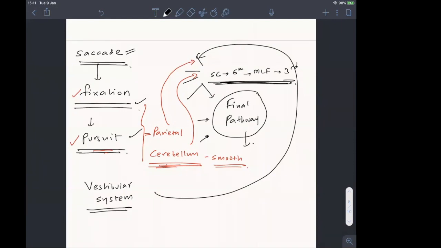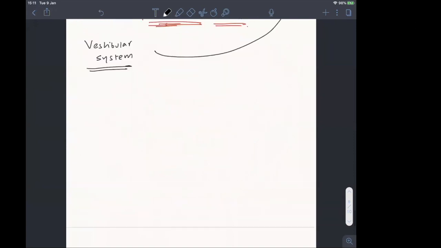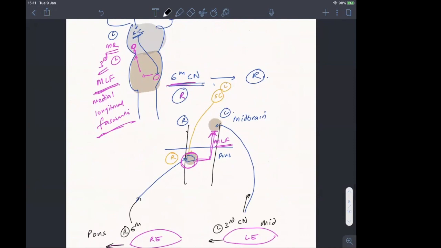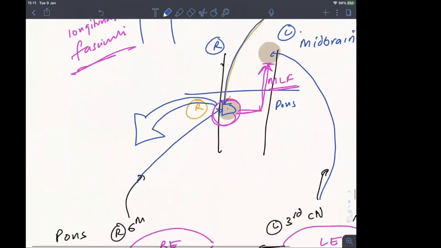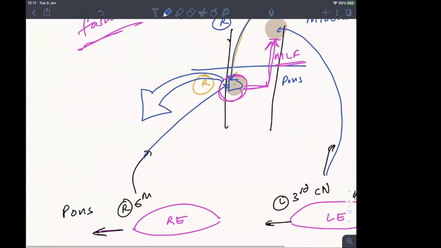PPRF. Okay. So here, when I said that your superior colliculus controls your opposite side 6th cranial nerve, if you look at the 6th cranial nerve a little bit more closely, your 6th cranial nerve actually has 2 parts.